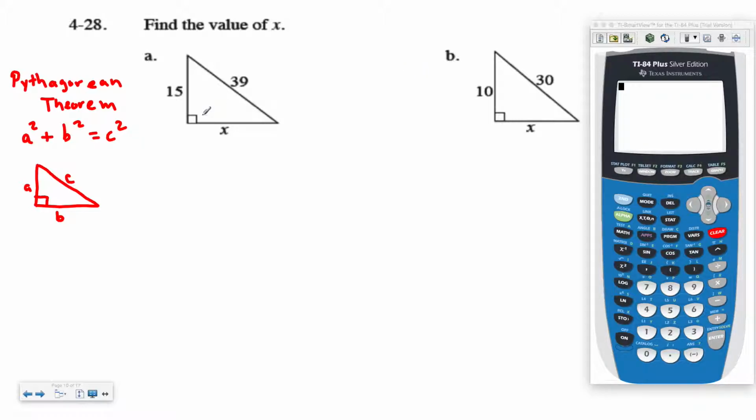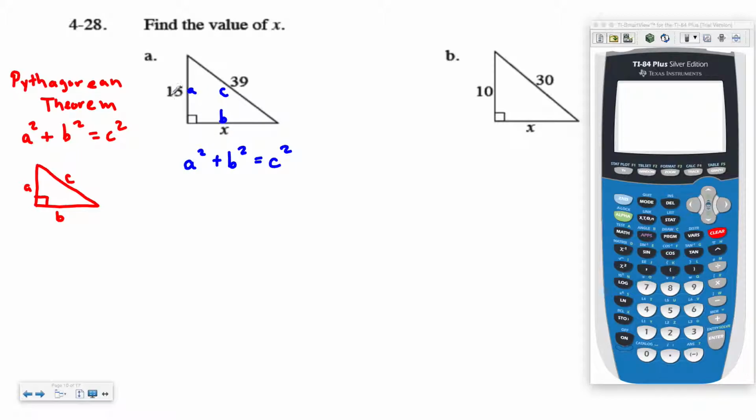So let's look at A here. If this was a right triangle, this side would be side A, this would be side B, and this would be our hypotenuse, or C. So right now we have A, we don't know B, but we do know C. I'm going to plug in the values that I know directly into the formula, and then we're going to solve for the missing value.